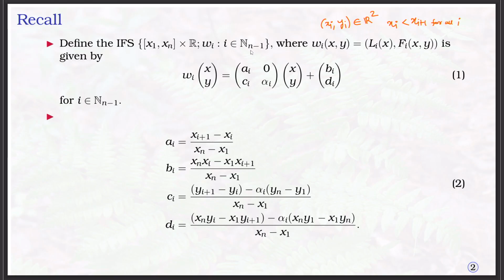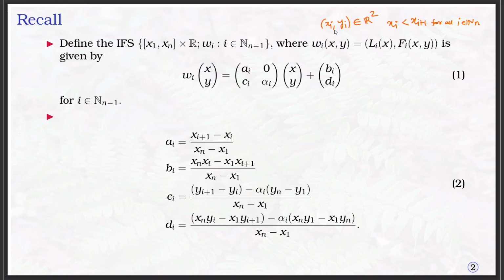Here there are n number of data, sorry, this is n minus 1, since we are taking i from n. So there are n number of data, therefore n minus 1 number of mappings.